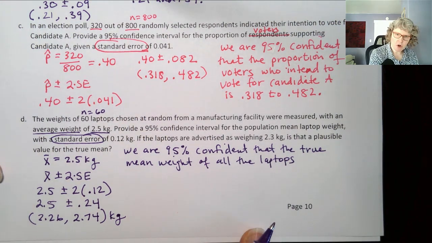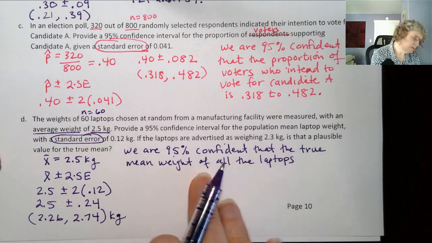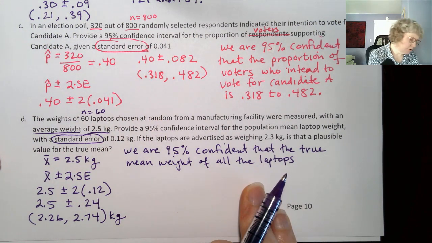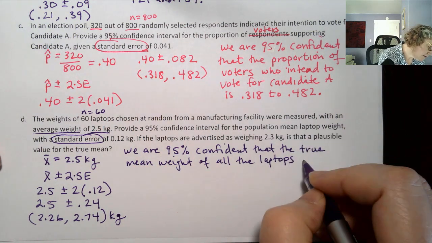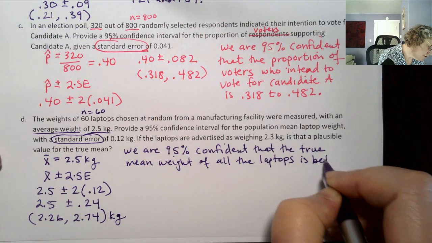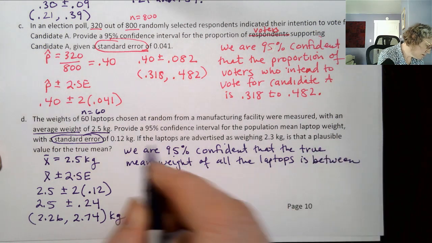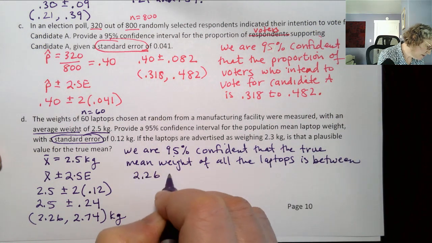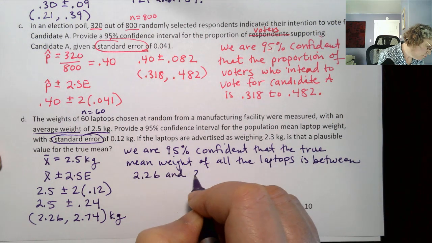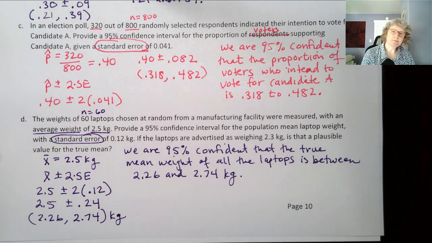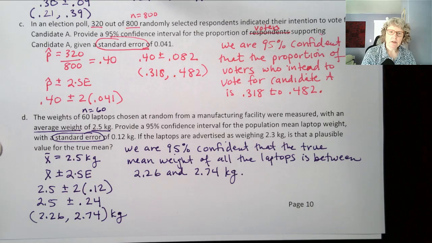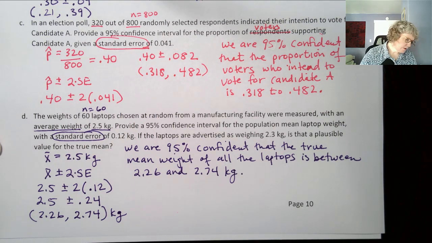So the true mean weight of all the laptops, but I'm still indicating that it's the population. True mean weight of all the laptops is between 2.26 and 2.74 kilograms. Okay, great. So now let's look at our other question.